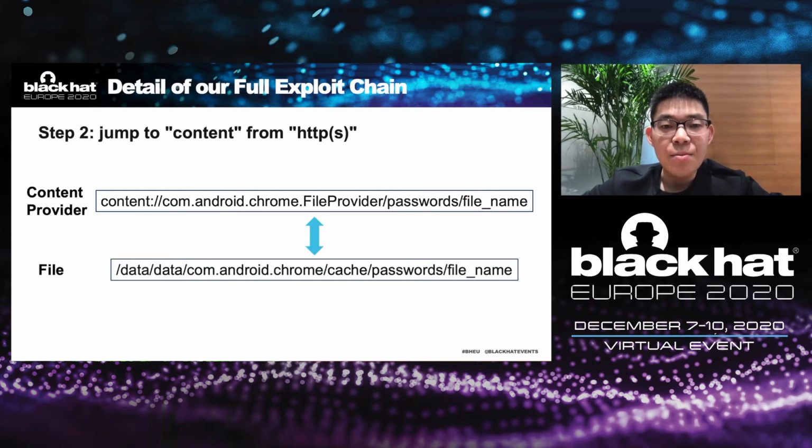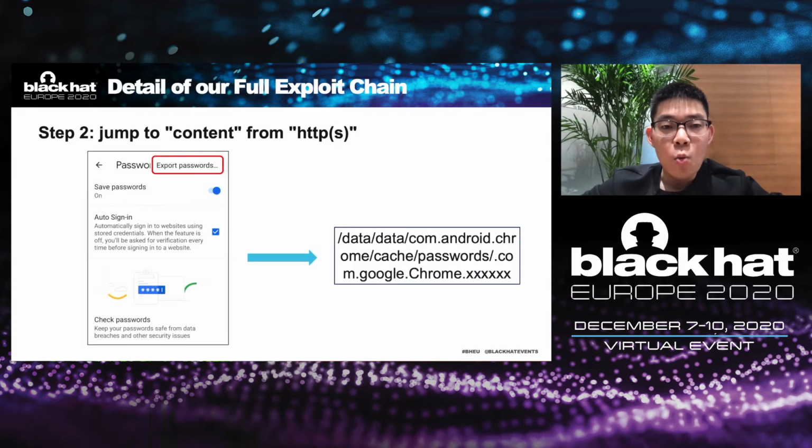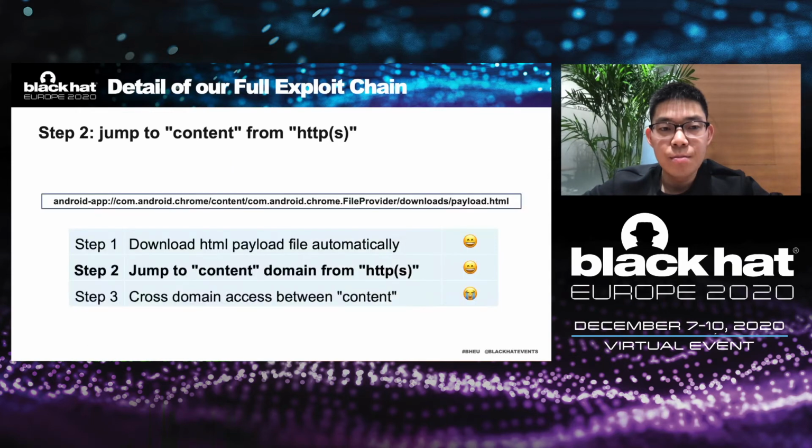And this is the mapping for cache passwords. When users export their saved website passwords from Chrome, user account name and password will be saved in this type of file in plain text. So, step 2 seems done by this Android app deep link.